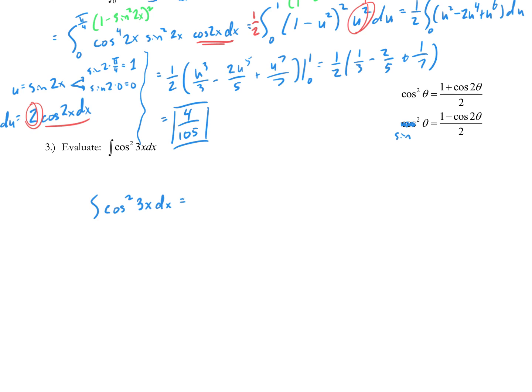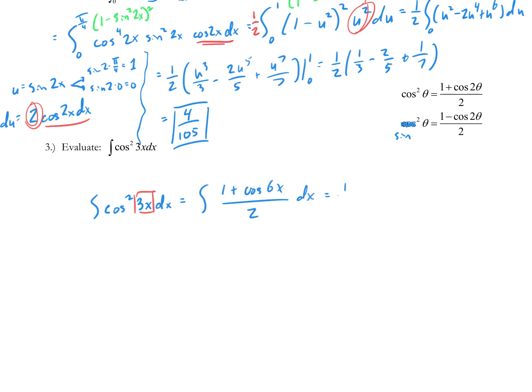Okay. When we apply the identity, cosine squared of theta is 1 plus the cosine of 2 theta over 2. The angle in this case is 3x. So 2 times 3x is 6x over 2, and then my dx. So there's our half angle identity applied to simplify this integral, or make it integrable, able to integrate more easily.